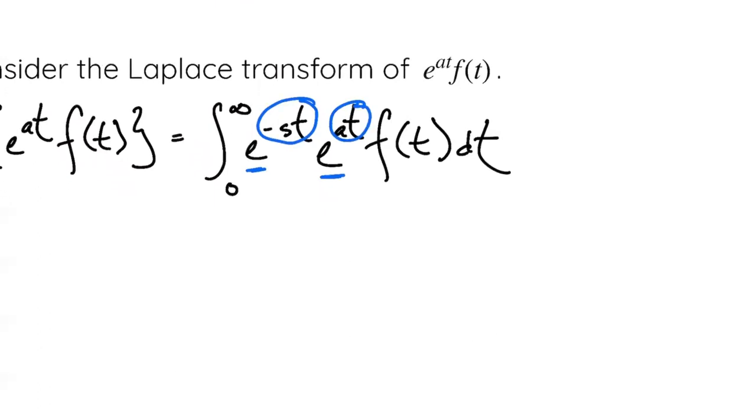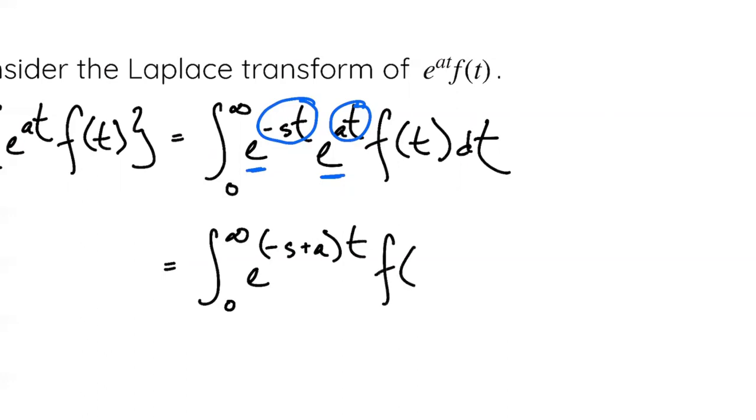And when we think about combining these exponents, we could rewrite this as the integral from 0 to infinity of e to the negative s plus a, all right, negative s plus a, times the quantity t. So I factored out that t times f of t dt.